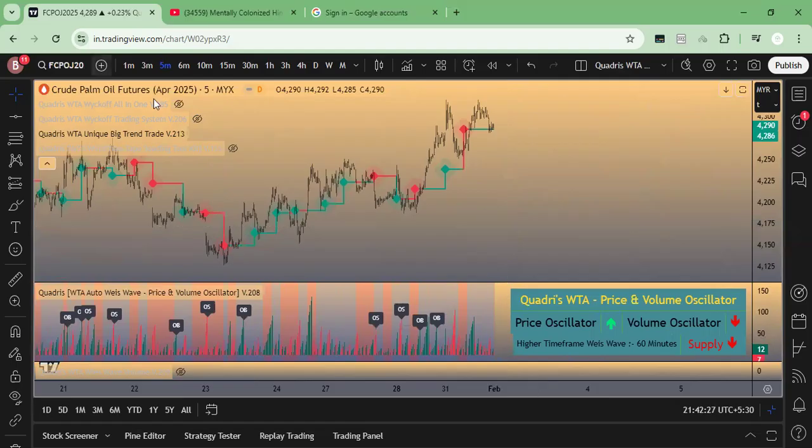Like you can see on the 5 minute also, this market is respecting it, and it's not about winning the race every time. It's about how we analyze and whether we have proper tools to analyze.